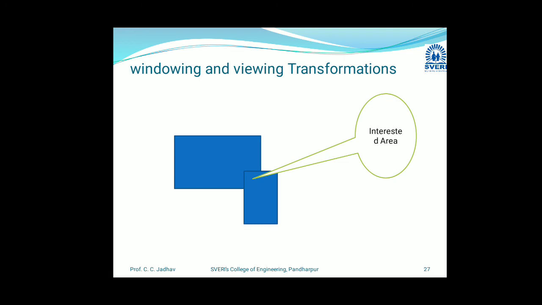I will only view the transformation of this intersection part. This is called windowing and viewing transformation. It makes further analysis easy and saves computation time as well as working time.